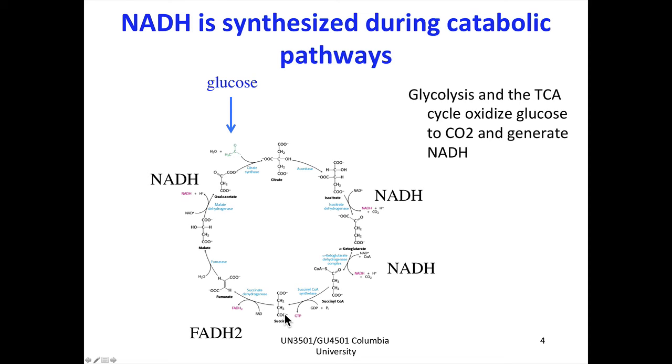We're going to need to generate NADH and FADH2. And so in this set of reactions, because we're oxidizing that carbon, we're using FAD to make FADH2 and NAD plus to make NADH. In other words, we're transferring these 4 electrons from succinate onto these cofactors, generating the reduced form of these cofactors.